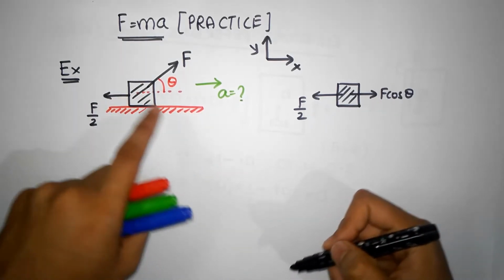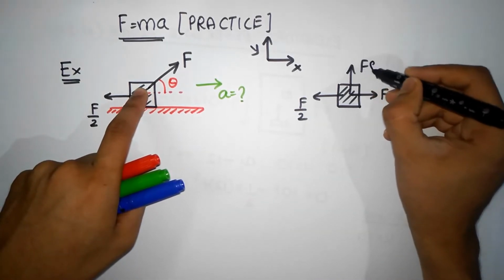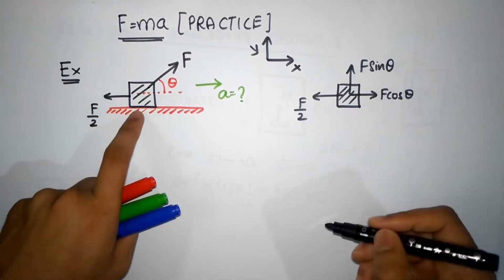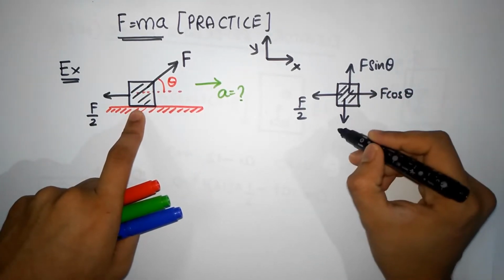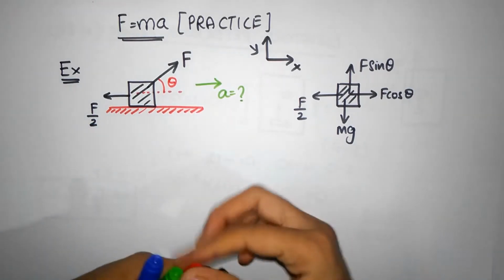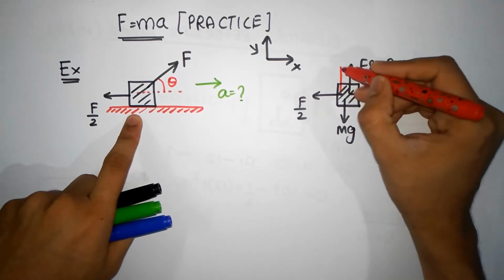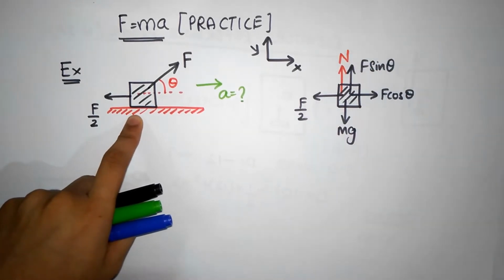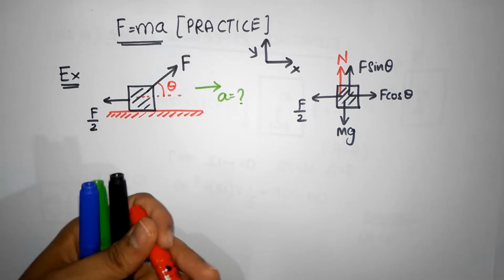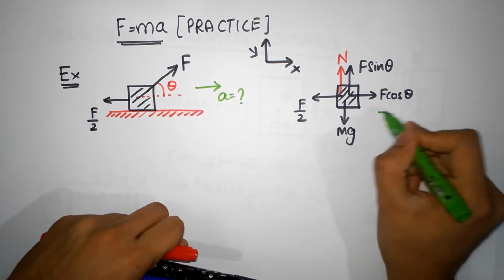Along the vertical, I have F sine theta, but not to forget mg, and also the contact force, the normal force, which we discussed in the previous episodes. We know this block is accelerating, and let's assume that the acceleration is this way.